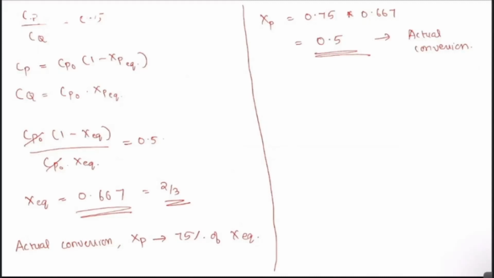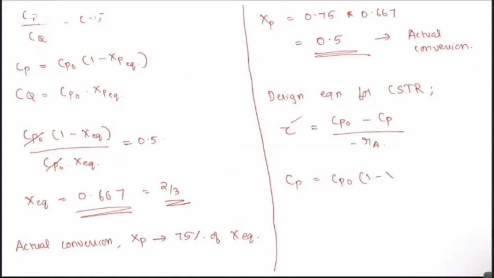So the design equation for the CSTR will be tau is equal to Cp0 minus Cp by minus Ra, which is the reaction rate, which is minus Rp here. So now all we have to do is substitute all these values for Cp0, Cp and minus R, or the rate of the reaction, and we can find tau. To find Cp, we know that Cp is equal to Cp0 into 1 minus Xp.